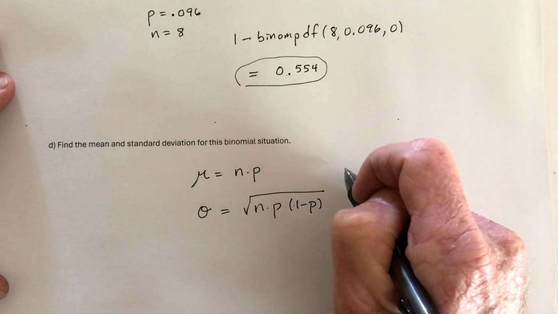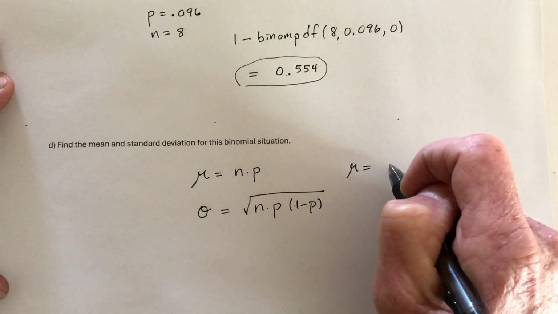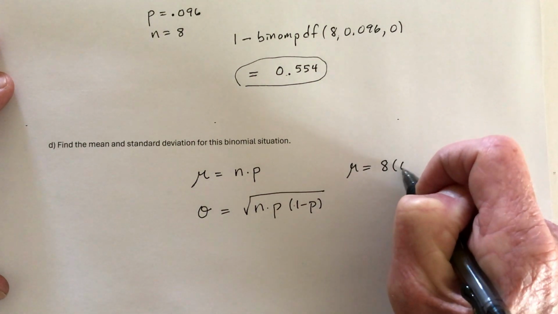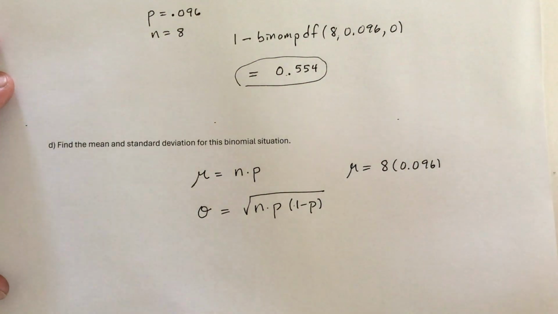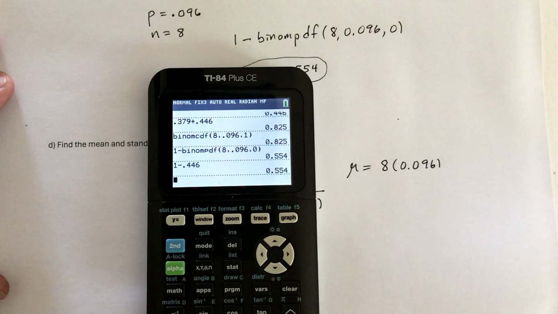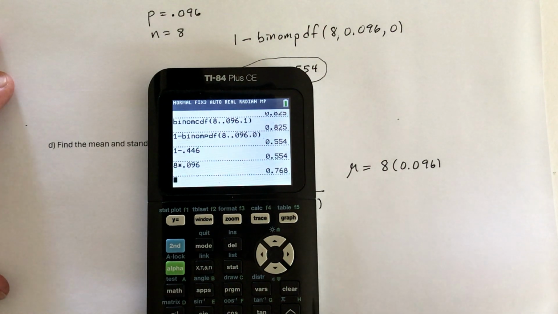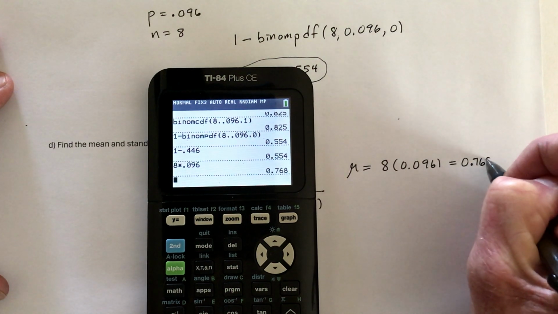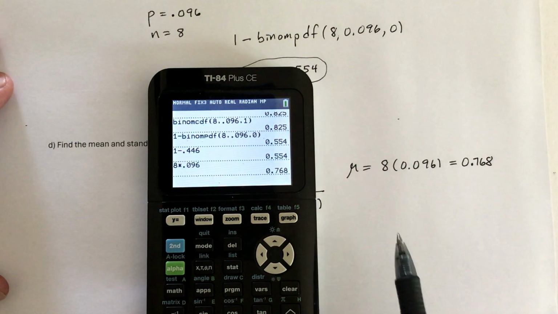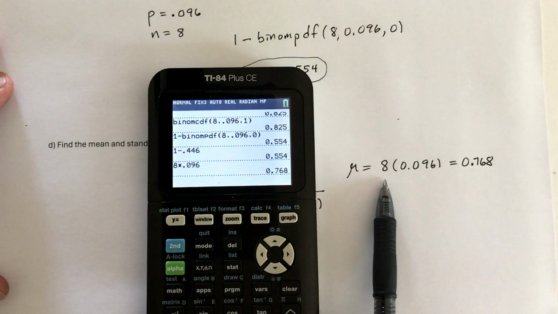So that means that the mean is going to be n, which is 8, times the p, 0.096. So 8 times 0.096 equals 0.768, which basically means if you have 8 people, how many do you think are going to be left-handed?